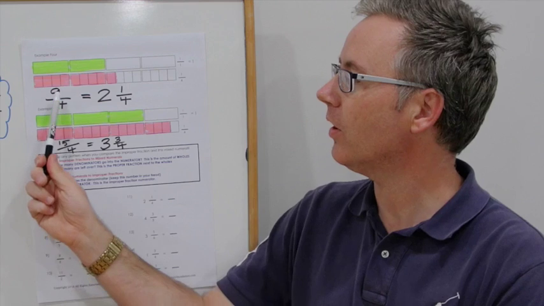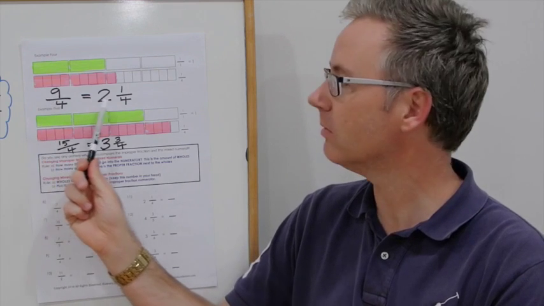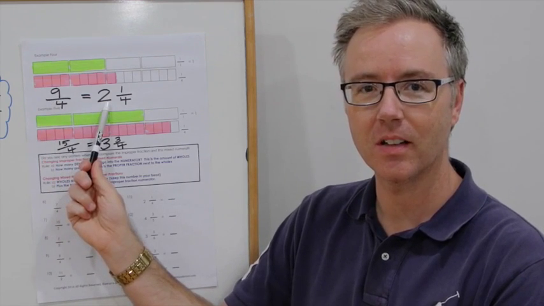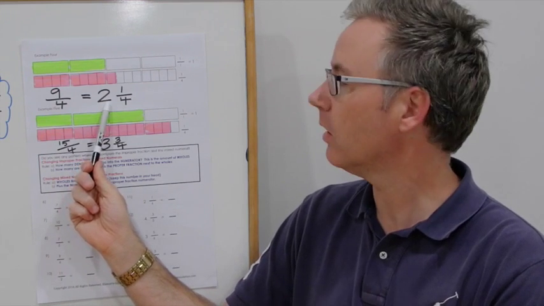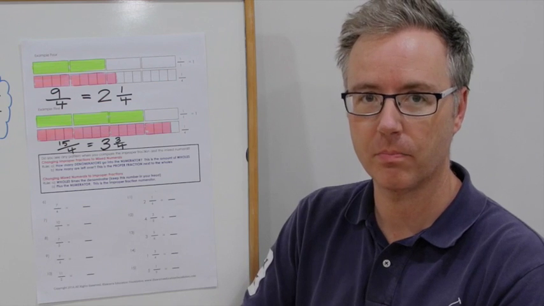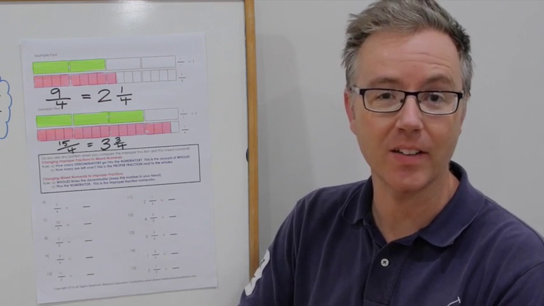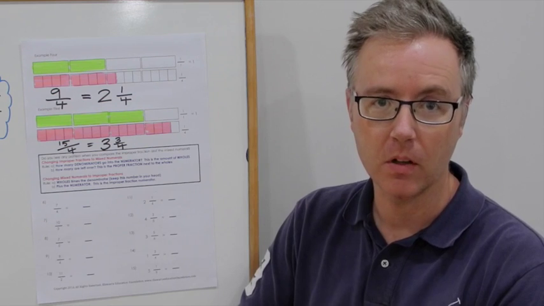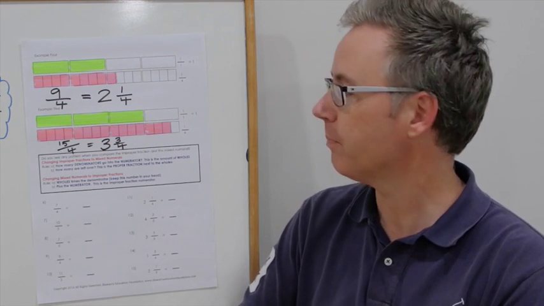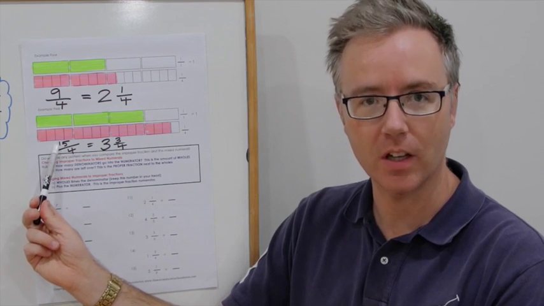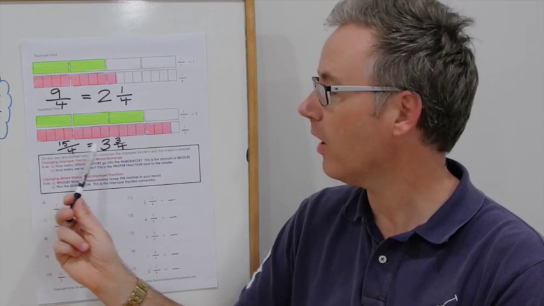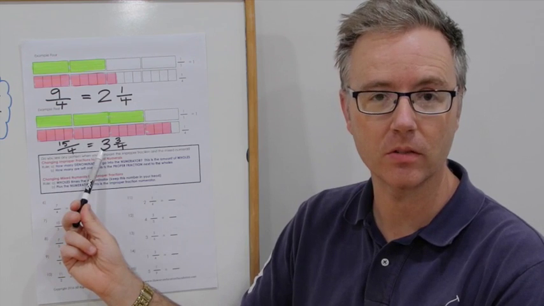How many 4s go into 9? 2, because 2 4s are 8. How many are left over? 1. Now the denominator stays the same as quarter. Let's look at example 5. How many 4s go into 15? 3. 3 4s are 12.